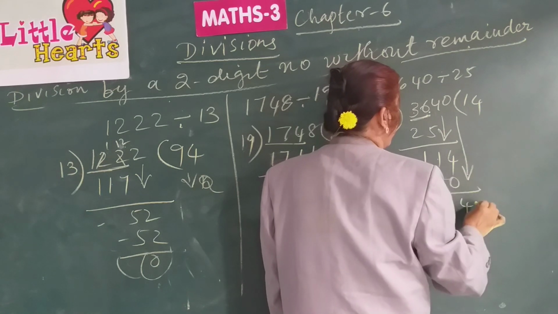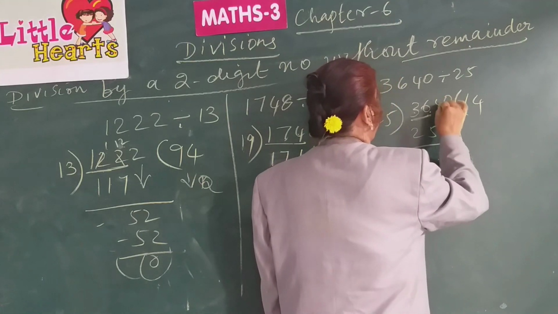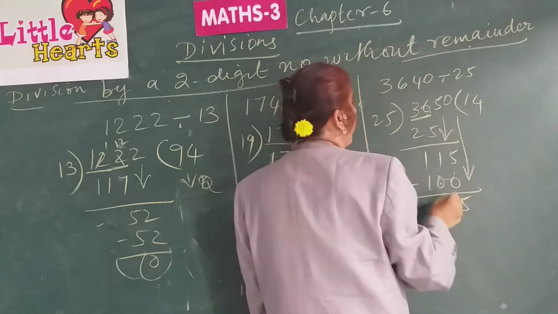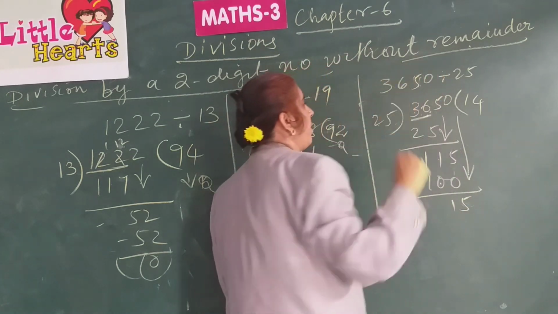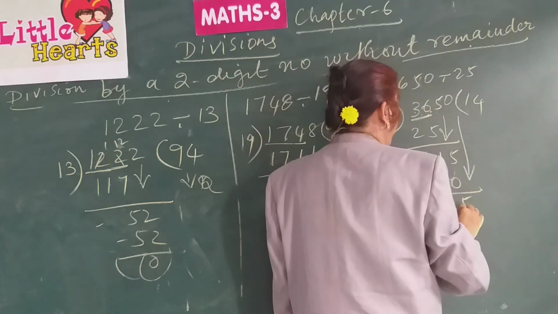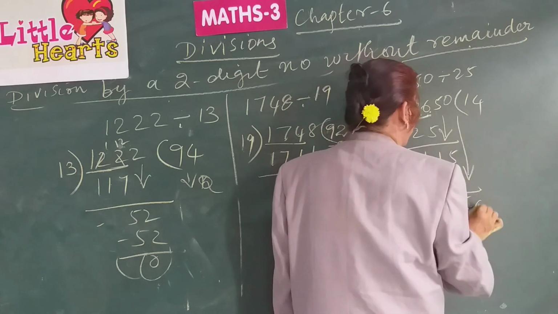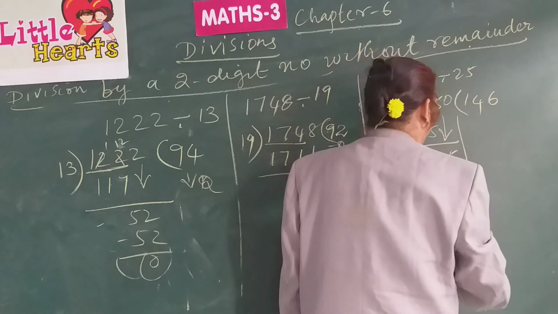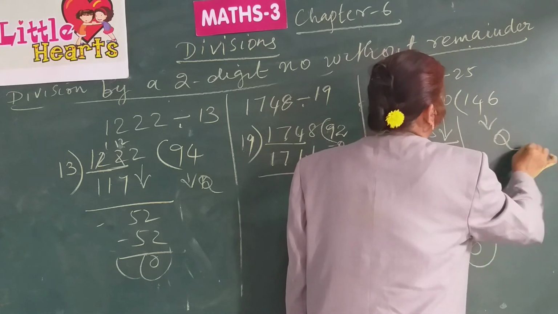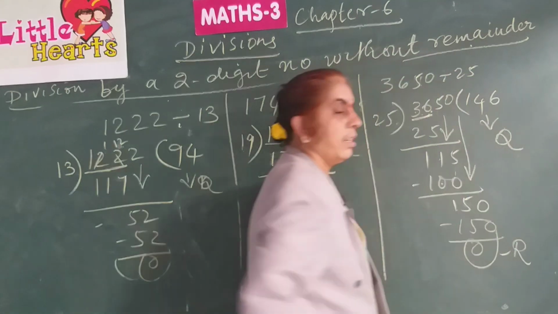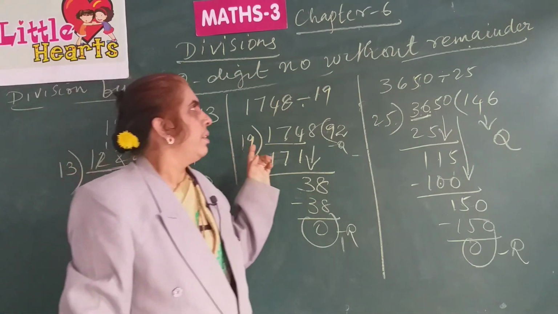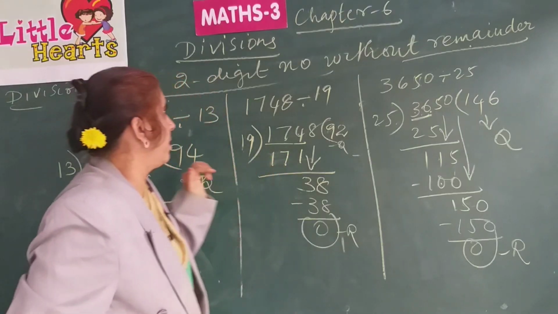Bring down 0. 140. 25 fives are 125. 140 minus 125 is 15. Bring down 0. 25 sixes are 150. This is the quotient and this is the remainder. In this way, a 4-digit number can be divided by a 2-digit number without remainder.